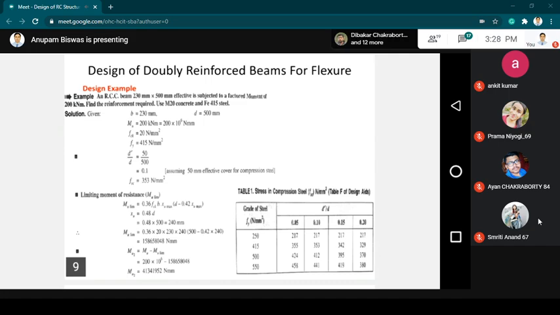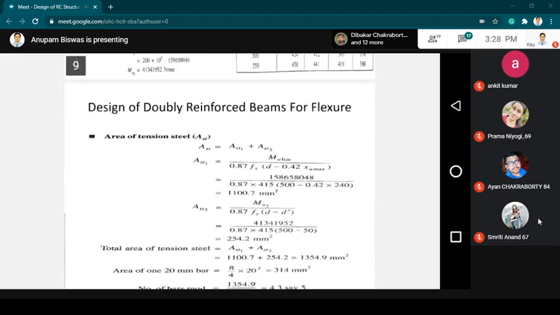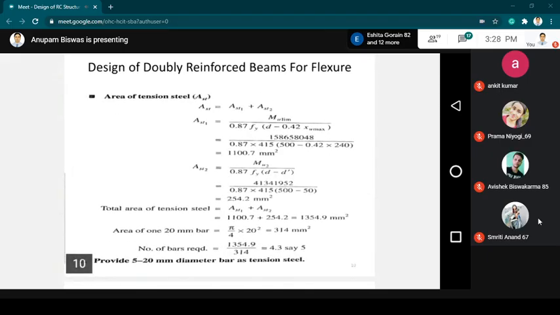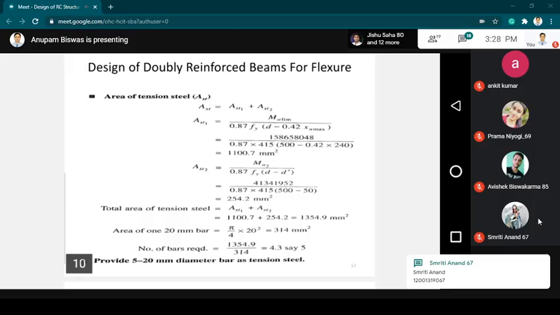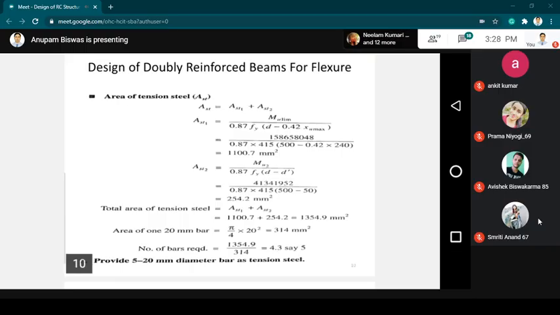Okay, have all of you understood? Next step is to find the area of tensile steel. Area of tensile steel Ast is equal to Ast1 plus Ast2. The value of Ast1 is in terms of singly reinforced beam section 1, that is Mu limit. So the usual formula is Mu limit by 0.87 Fy into d minus 0.42 Xu max.